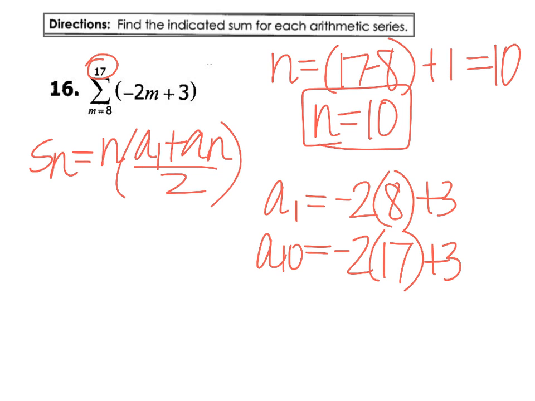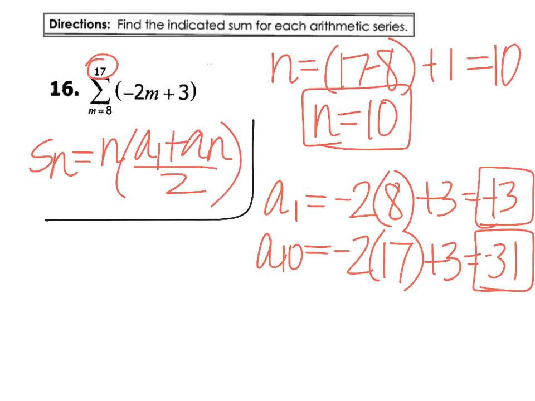Going back to our first term, negative 2 times 8 plus 3 gives us negative 13. That's our first term. Our 10th term, or our last term, when m equals 17, gives us negative 31. These are the values we want to plug into our formula.